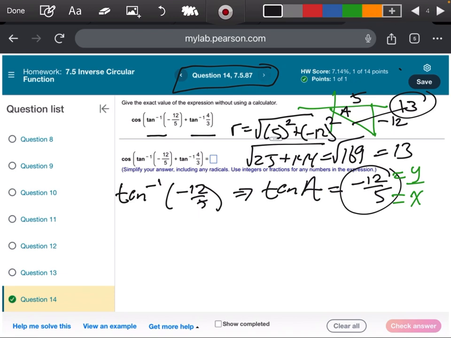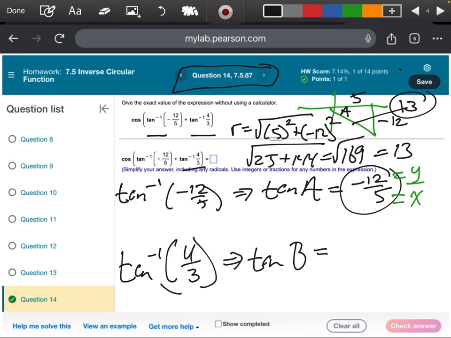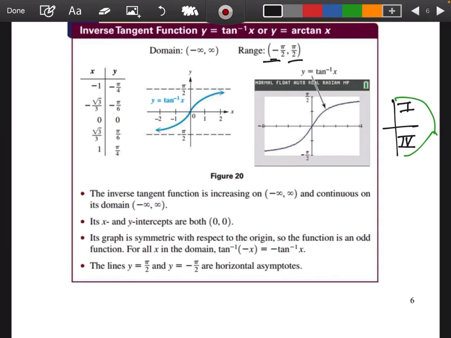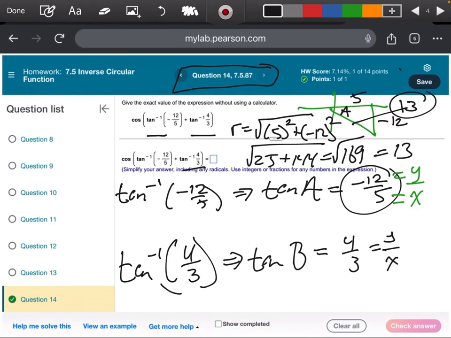All right, I'm also going to look at the inverse tangent of 4/3. What that's telling me is that the tangent of some angle B is 4 over 3. So this is my y, and this is my x. Since my inverse tangent goes between negative pi over 2 and pi over 2, and we're positive, we're going to assume that we're in the first quadrant.